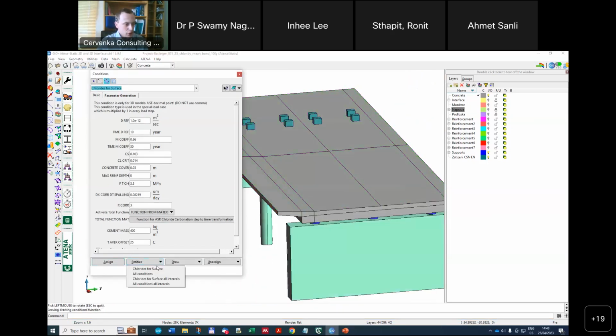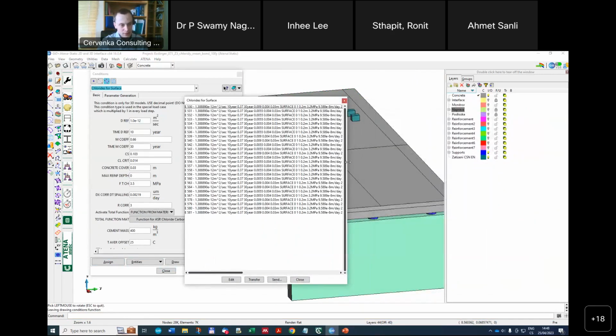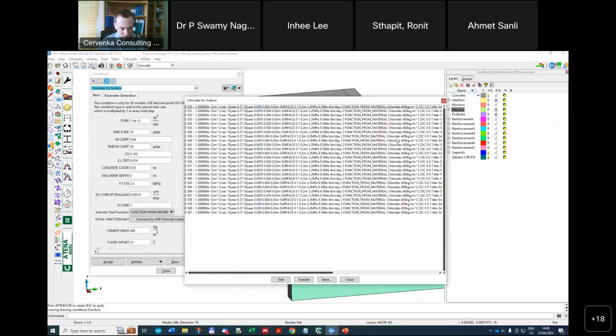This can also be visible from here if I go to entities and click here for chlorides for surface. I get the condition as a text input with all the parameters separated by some symbols in a single line.